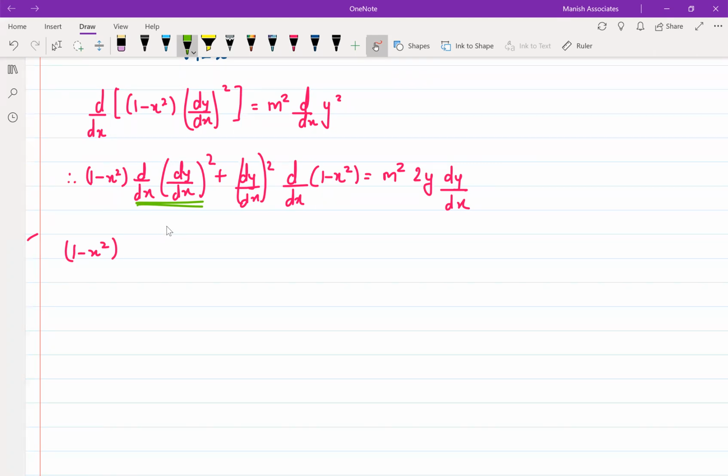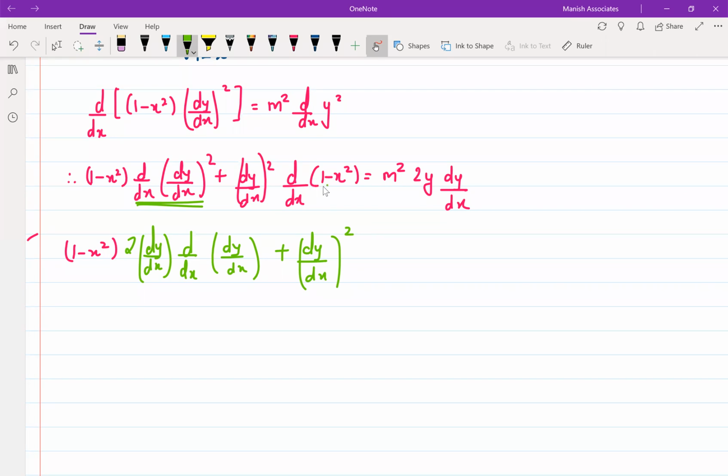Before I started the sum I did, I showed you all something. I told you, remember this calculation in green. This is u raised to n, u raised to n minus 1, which will be 2 minus 1 into d by dx of u, that is dy by dx, plus dy by dx the whole square.